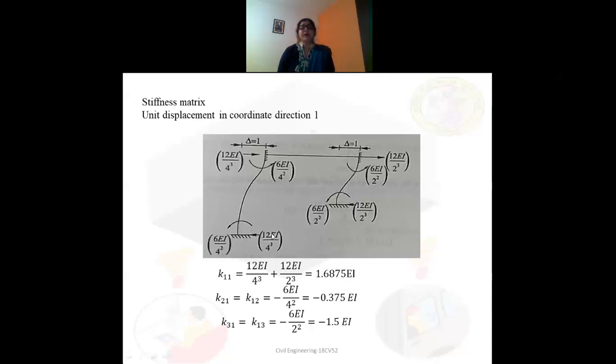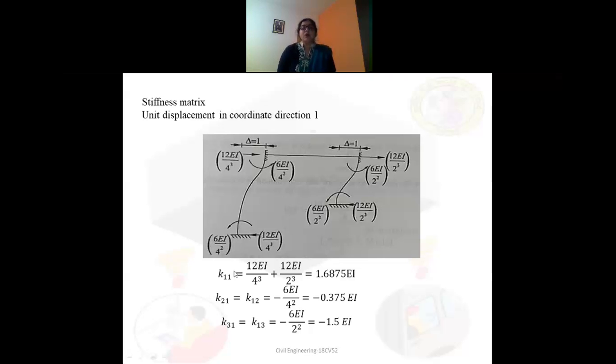So due to that, what are the reactions developed and what are the moments developed? Here we can see that it is 12 EI by L cube, 12 EI by L cube. And due to this displacement, what is the moment developed? It is 6 EI by L square, 6 EI by L square.